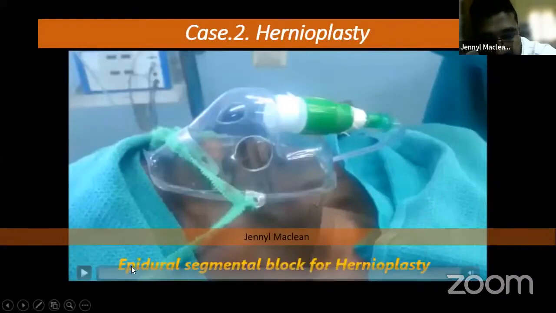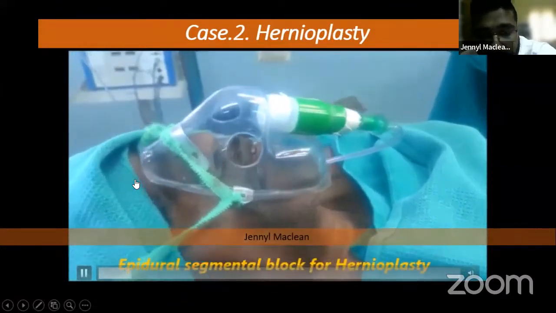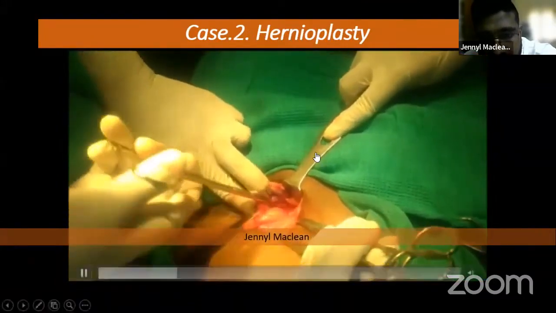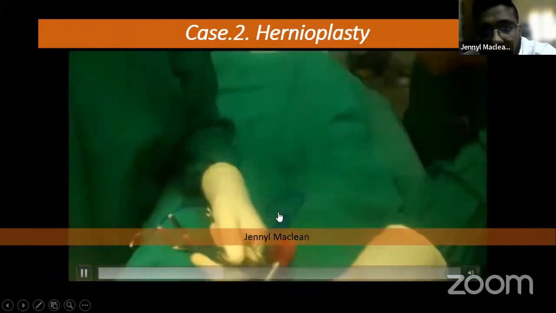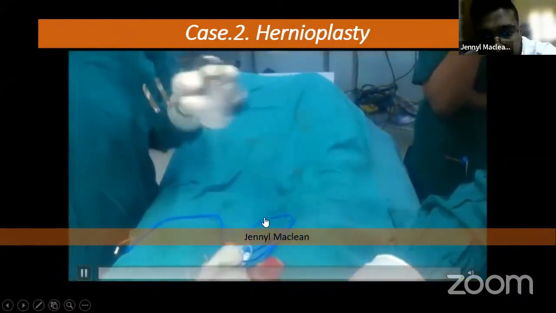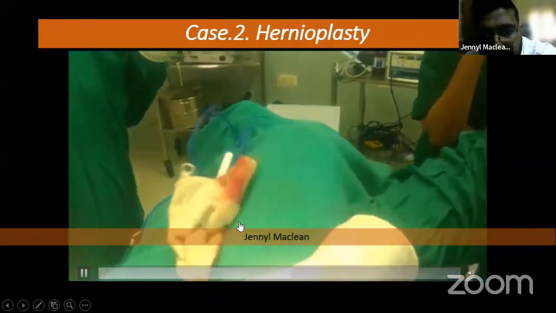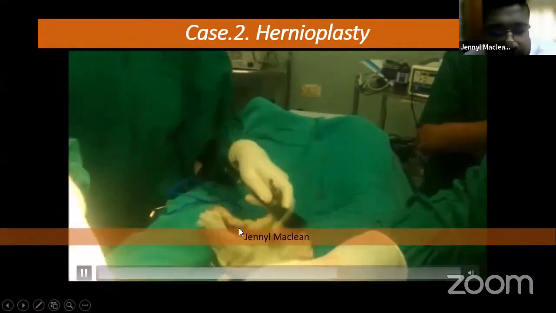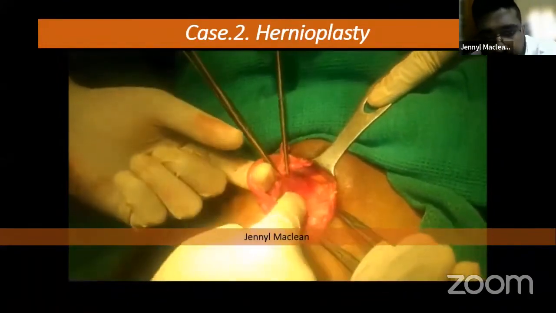This is an epidural block for hernioplasty. You can see here they are pulling the cord. They opened up, and when I asked the patient to lift up, see, the drug should not descend below L2, L3, and L4.